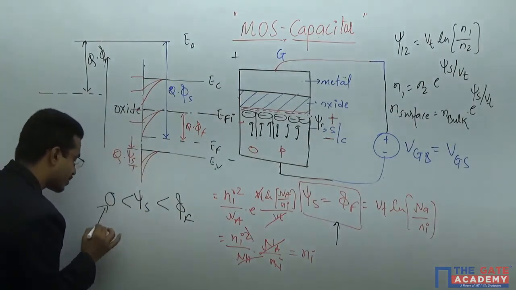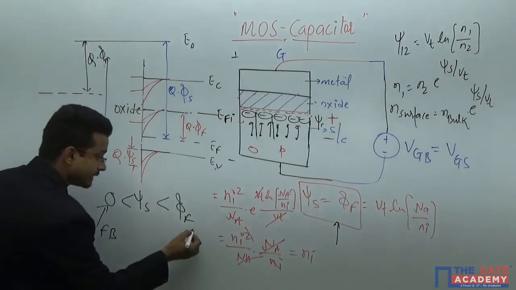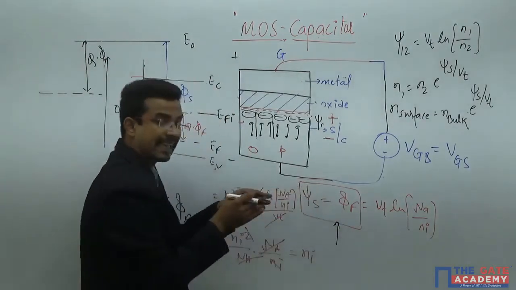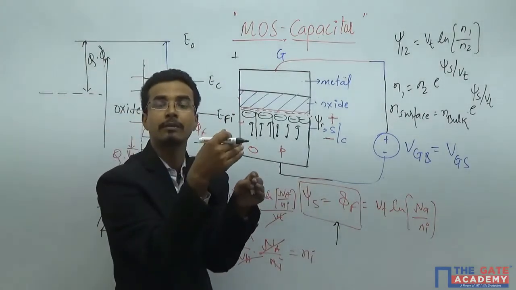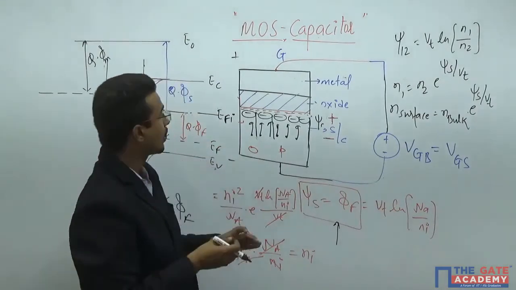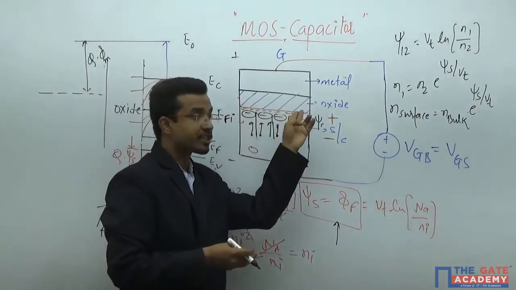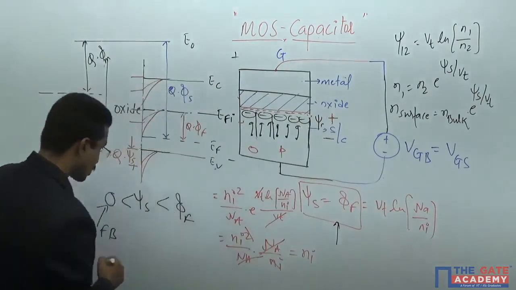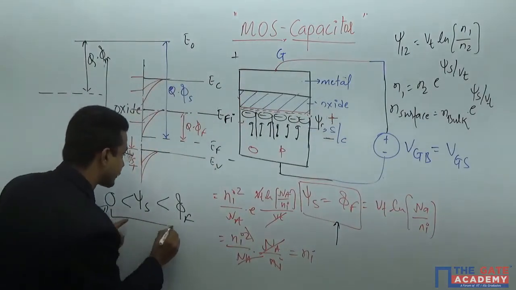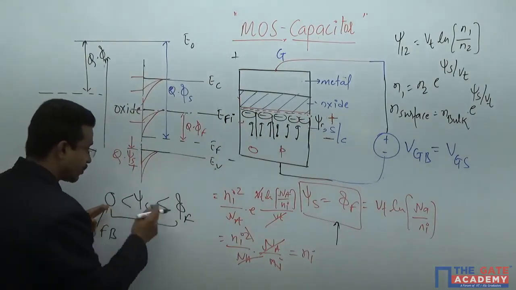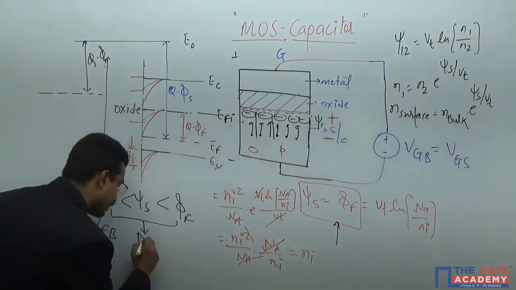This is the flat band condition. This is the case where the holes will be equal to the number of electrons, because you keep on increasing the electron concentration at the surface. So this particular region, from 0 to phi F, is known as depletion.